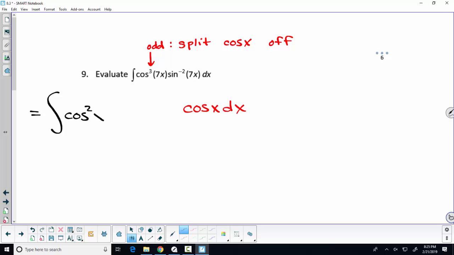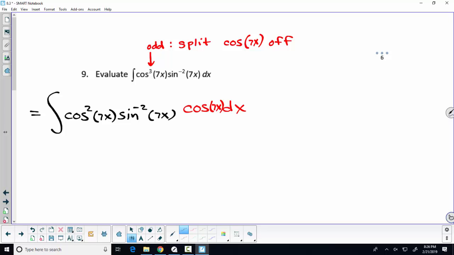So we're left over with cosine squared of 7x. And this sine to whatever power, it doesn't matter. It's going to get taken care of with the u substitution.